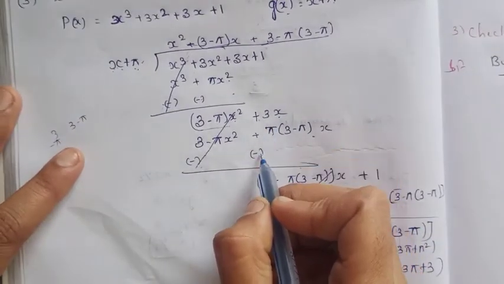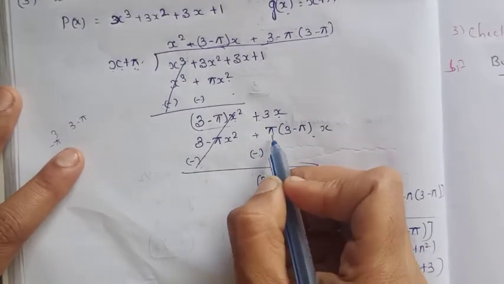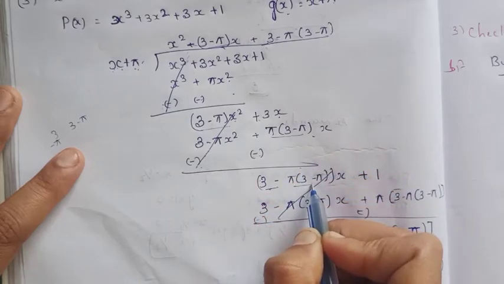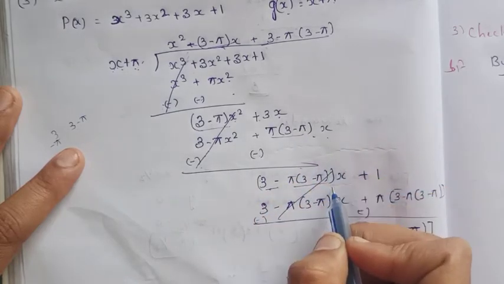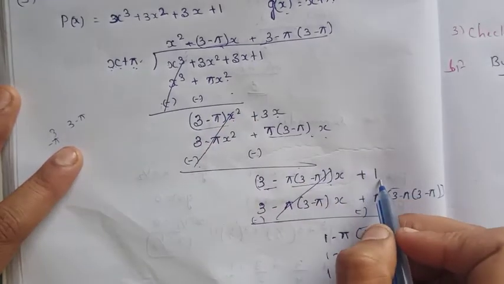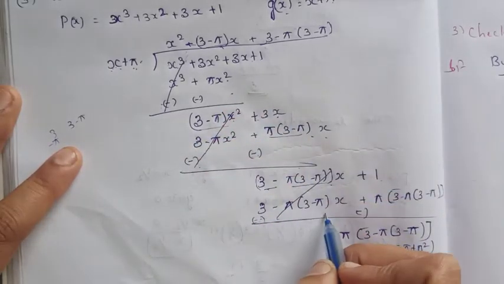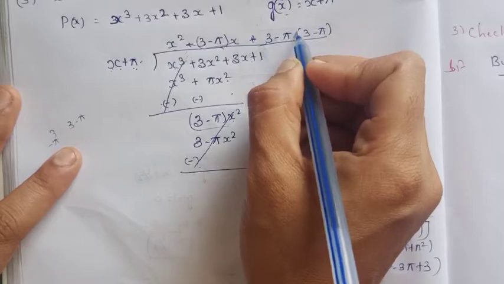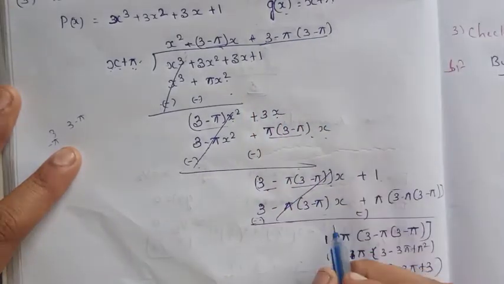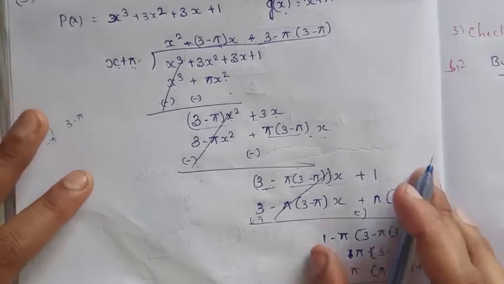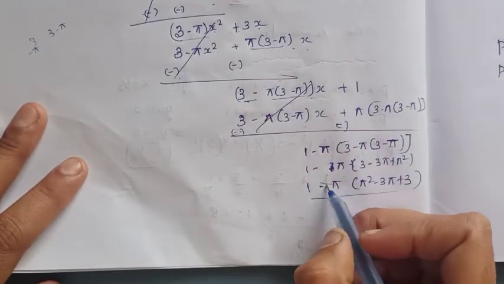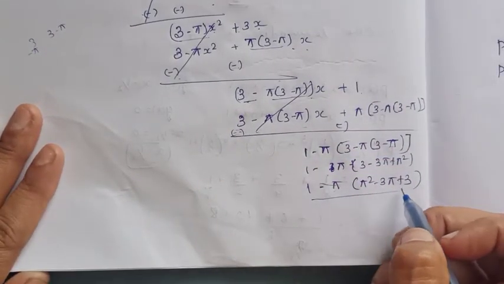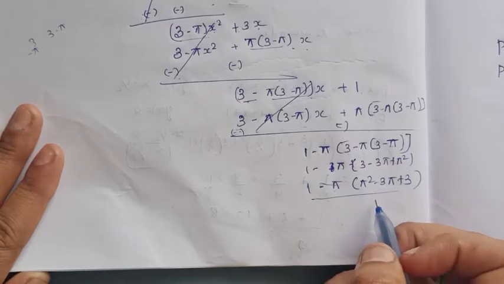Again 3 minus pi, 3 minus 5 into x and plus 1 here. Again we should cancel this term, multiply with 3 minus pi of 3 minus 5. We get this much and the remainder is minus 1, 5 square minus 3 pi plus 3, this remainder.